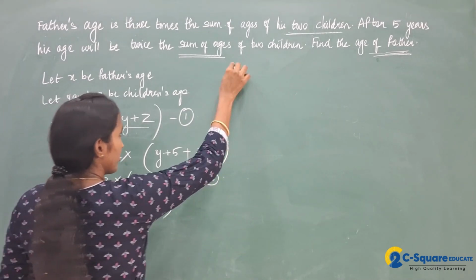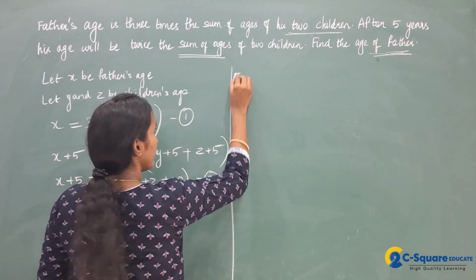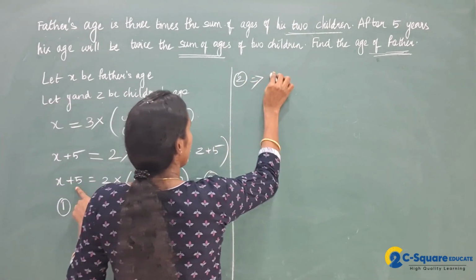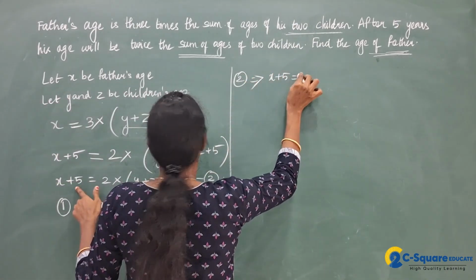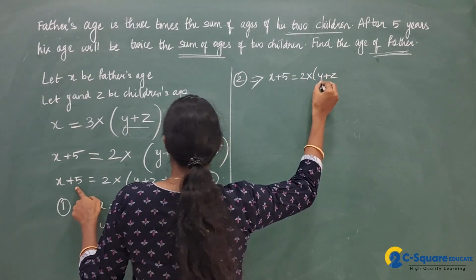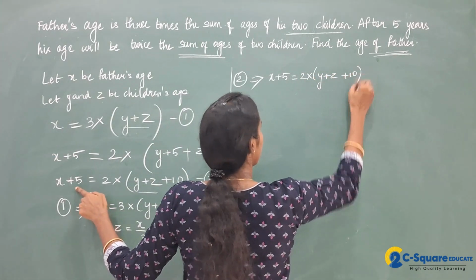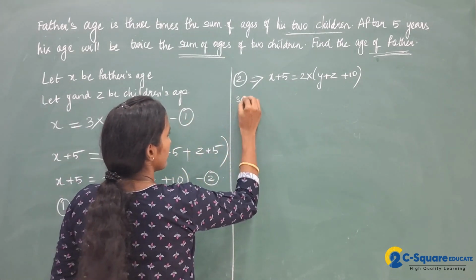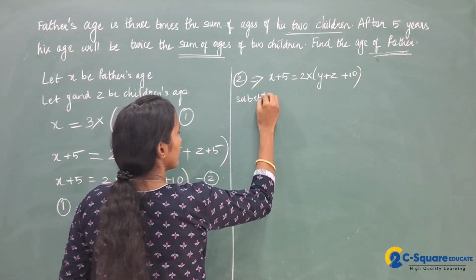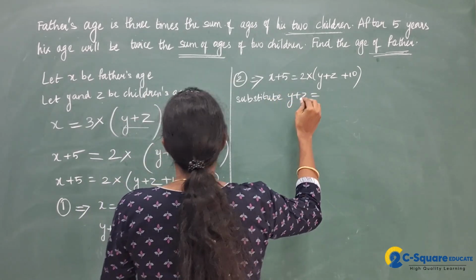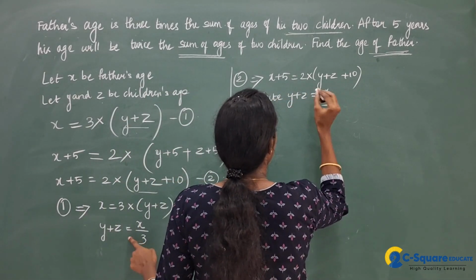So let's take the second equation. What is the second equation? X plus 5 is equal to 2 into Y plus Z plus 10. Let's substitute Y plus Z equals X by 3.